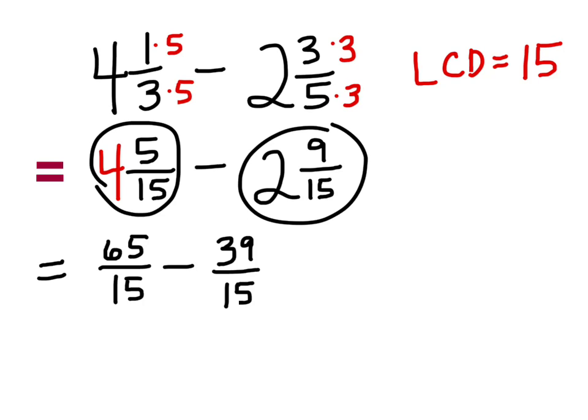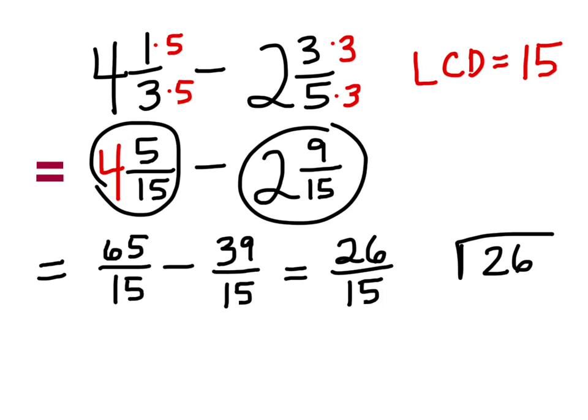Now I can subtract the two numerators of 65 and 39. 65 take away 39 would be 26. So then I have 26/15. Because the numerator is greater than the denominator, this is an improper fraction. 15 goes into 26 one time with a remainder of 11.